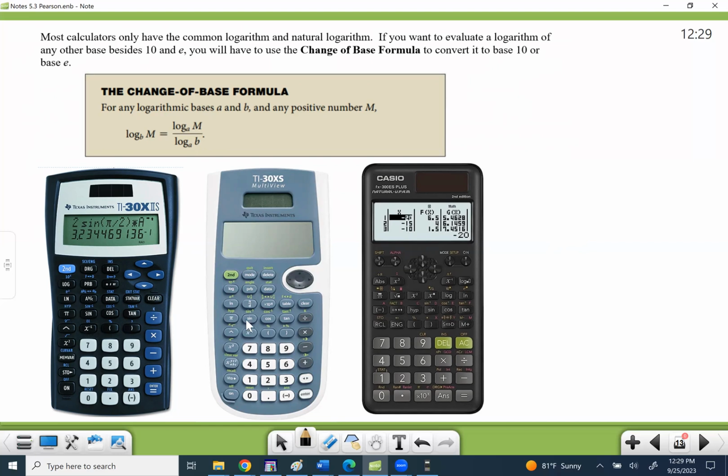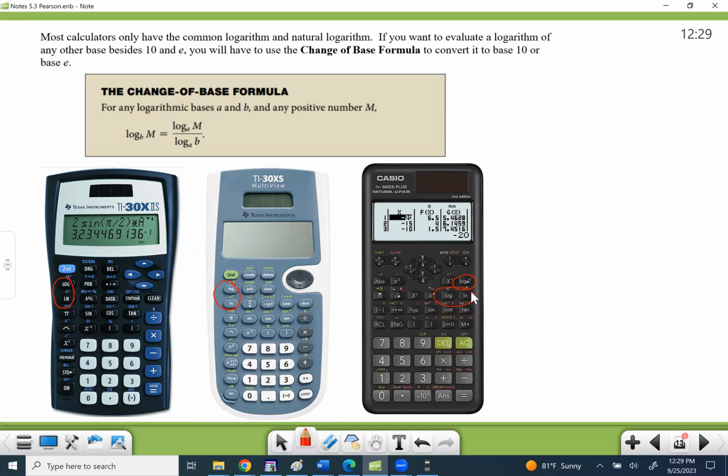Same thing over here. This is a Texas Instruments also, so they have the buttons in the same position. But there is no log on here where it lets me choose my base. Now this calculator is different. I have log base 10, I have log base e, but I also have this log button that lets me change the base if I want to. So I'm just going to highlight that button for the Casio users.